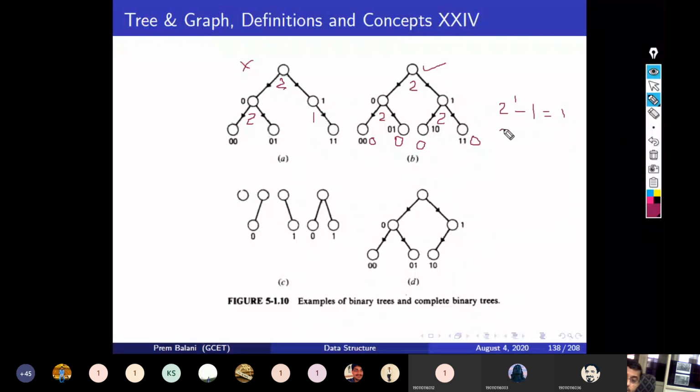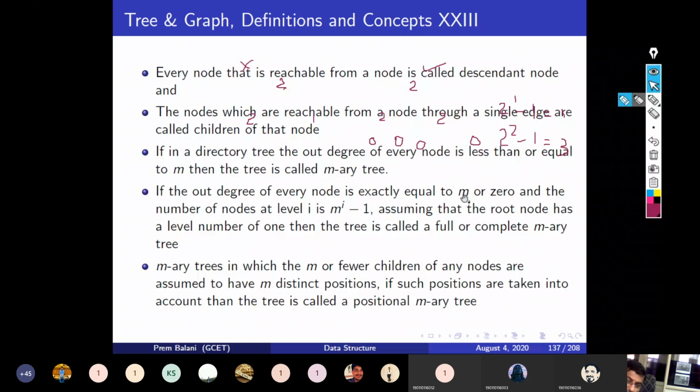Now at the second level, 2 raised to 2 minus 1 equals 3. So why is it not matching? I think there is some problem with this definition. I will have to check it out. The number of nodes at level i is this, assuming that the root node has the level number of 1.